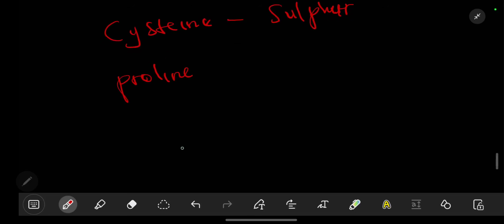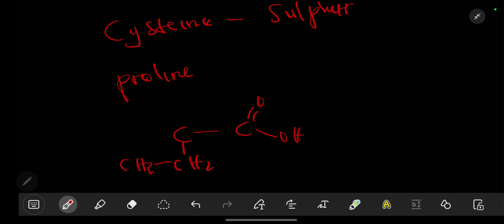Proline is able to form structures that look like CH2, CH2, then CH2, and it combines with the nitrogen that was originally there like that. So this is our proline. These are just special amino acids.